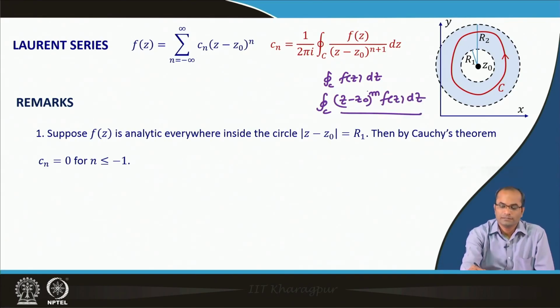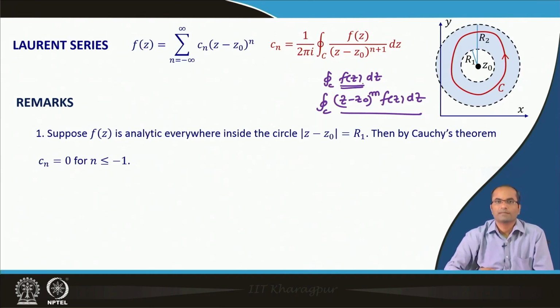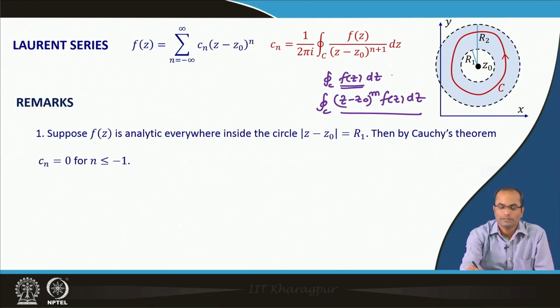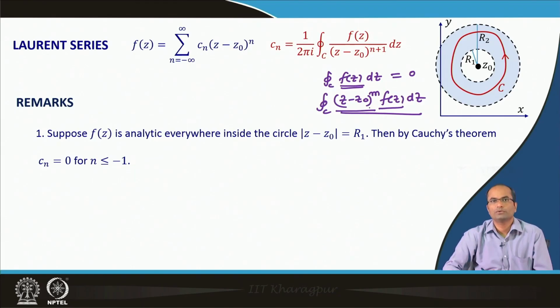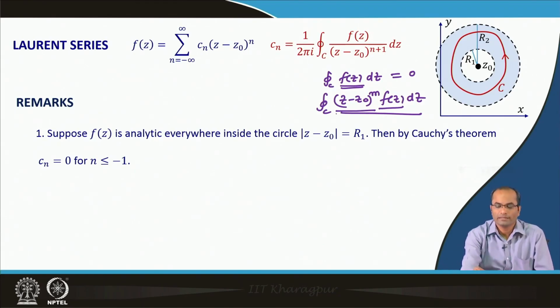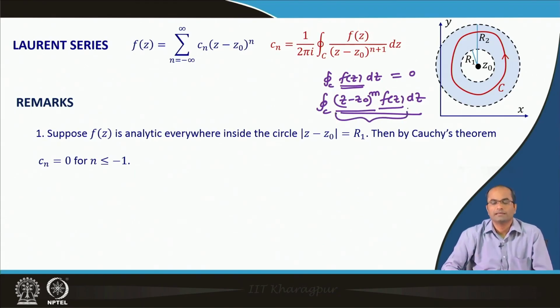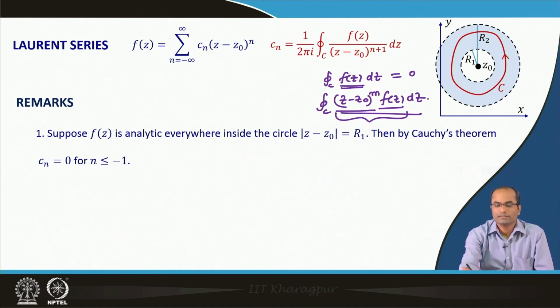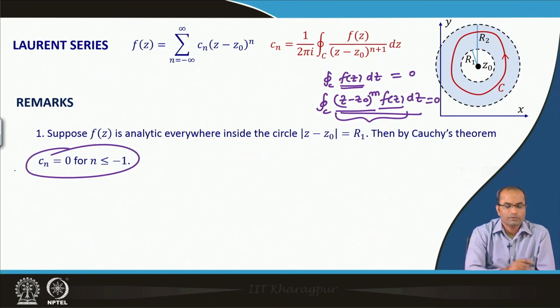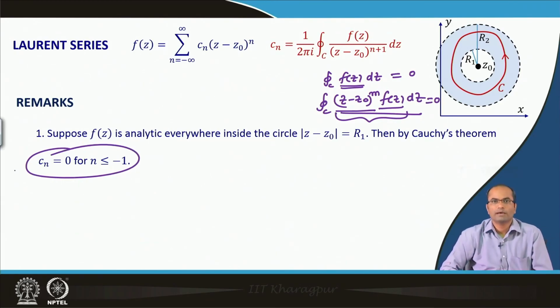In either case, since f(z) is analytic and C is a closed curve, this is going to be 0. Again, f(z) is analytic and (z minus z0) to a positive power is analytic, so the integrand is analytic and the Cauchy theorem says that this value will also be 0. So, all these Cn's for n less than or equal to minus 1 will be 0.